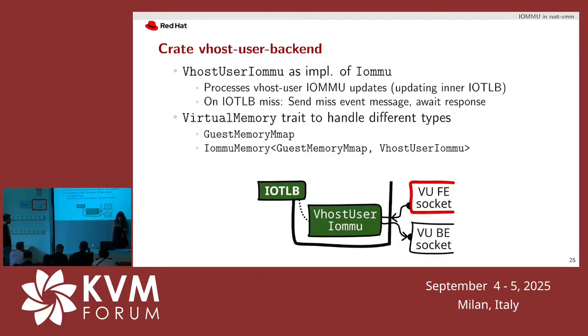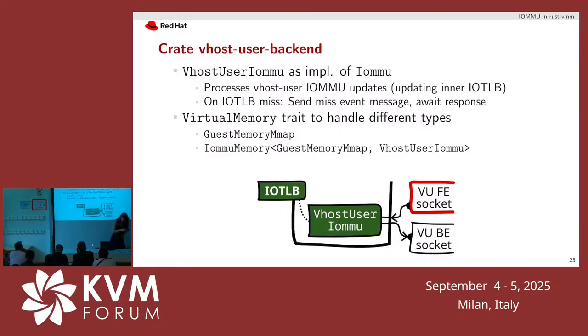Finally, the vhost-user-backend crate is a place where you actually do implement the IOMMU, the vhost-user-IOMMU. Nothing really surprising here. It's an implementation of the IOMMU trait that communicates with QEMU through the vhost-user protocol. Another thing that will have to change is that vhost-user-backend currently prescribes a specific memory type to its users, which is guest memory mmap.